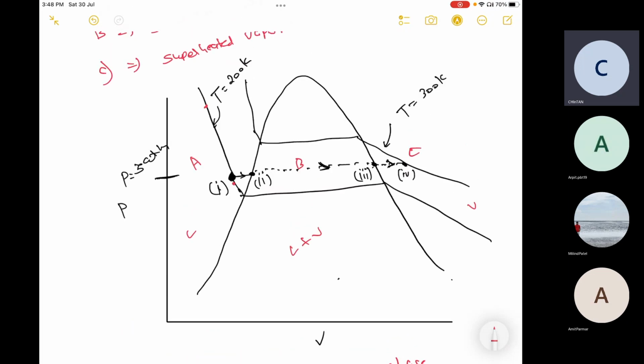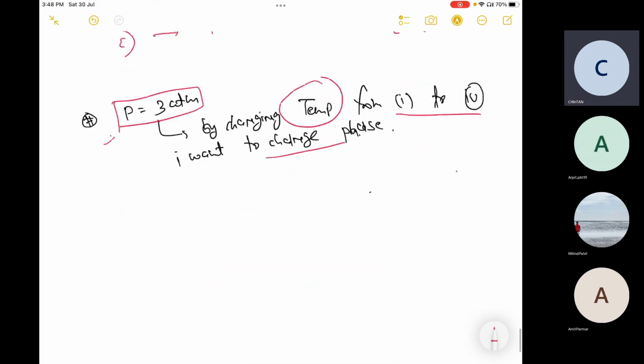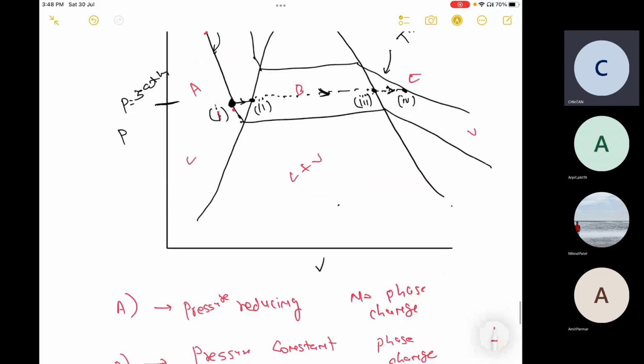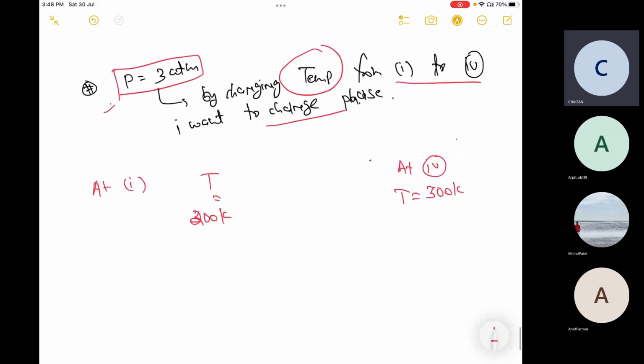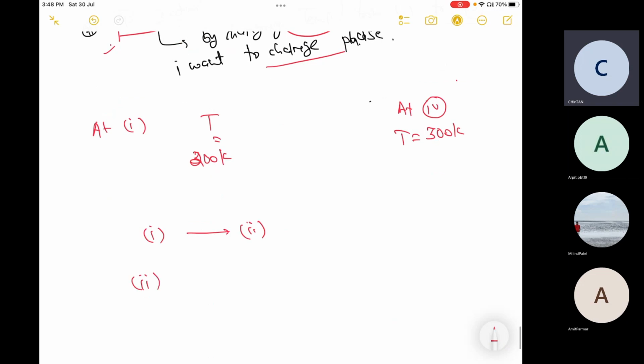At 1 we are at a temperature of 200 Kelvin and at 4 we are at a temperature of 300 Kelvin. In between, what points are we observing? 2 and 3. So we are moving from 1 to 2, then 2 to 3, and 3 to 4. What are our observations here?